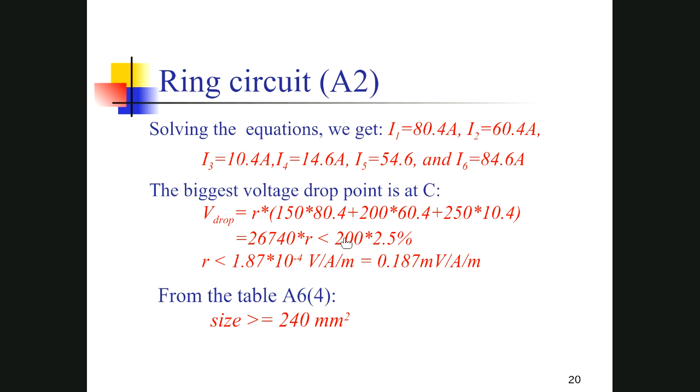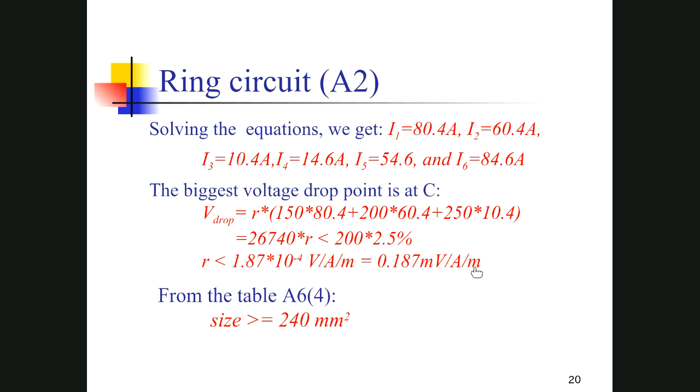That means these total values should be smaller than 5 volts. From this, we can estimate that the cable's maximum voltage drop per ampere per meter should be smaller than 1.87 millivolts per ampere per meter.